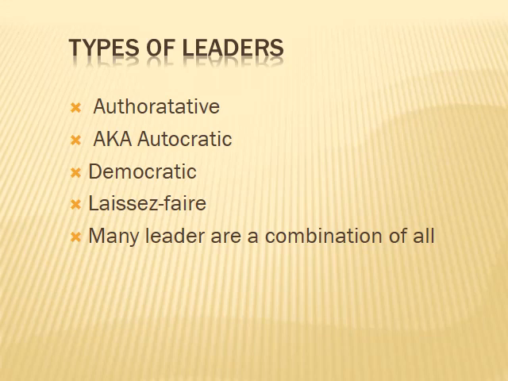Democratic is another type of leader, as is laissez-faire. Some leaders are a combination of all, and they're situational; there are times that we need to be more authoritative or more democratic or more laissez-faire. Some references will have a fourth category of multicratic or situational leader.